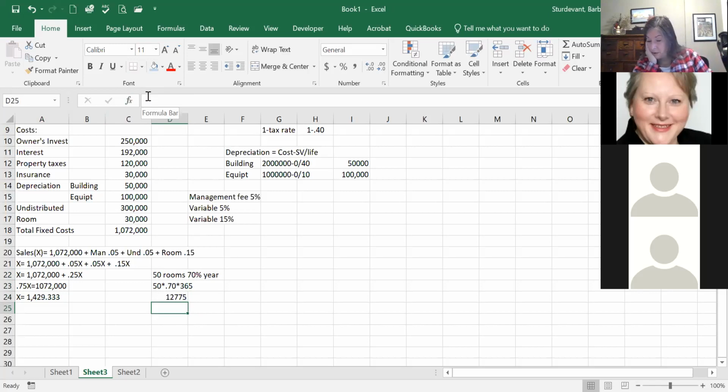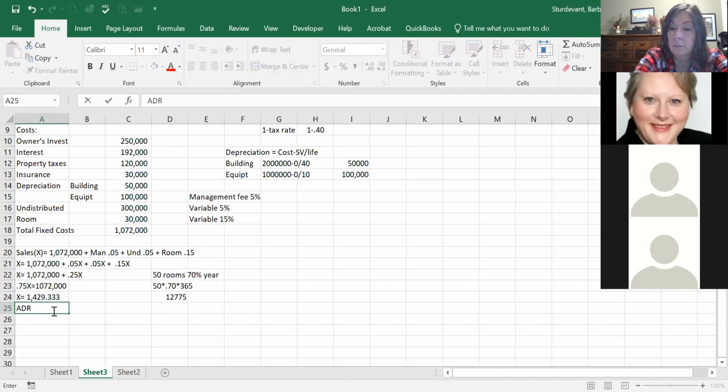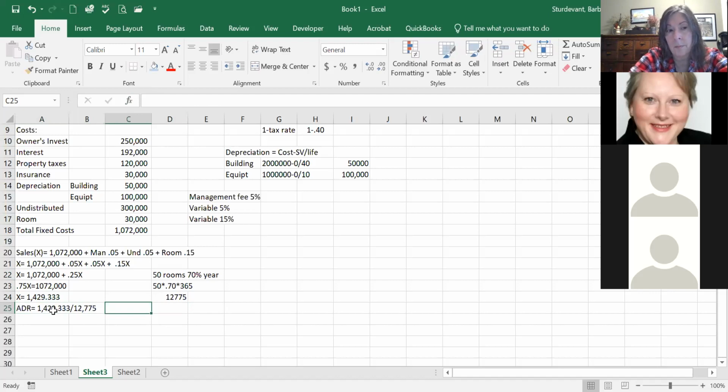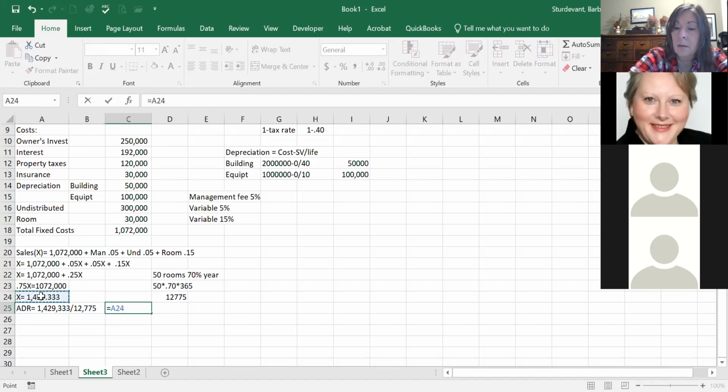So we're going to do 12,775 rooms is what we expect to sell. So to get our ADR, it will be equal to the 1,429,333 divided by the 12,775.